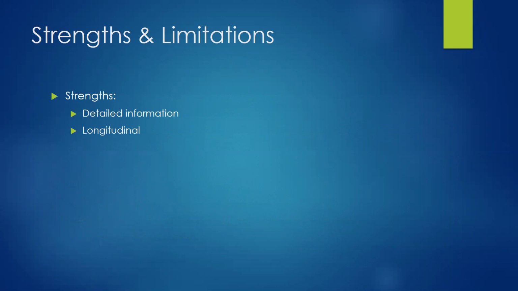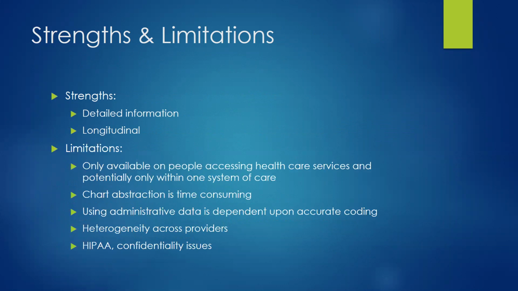So the strengths of using electronic health records or medical records is that you have lots of detailed information and they are longitudinal, so we do have data on people over time. But again, the limitations are that chart abstraction is time consuming. It might not be possible to get access because of HIPAA or other confidentiality issues. Also, we would only have information on people who are accessing healthcare services.